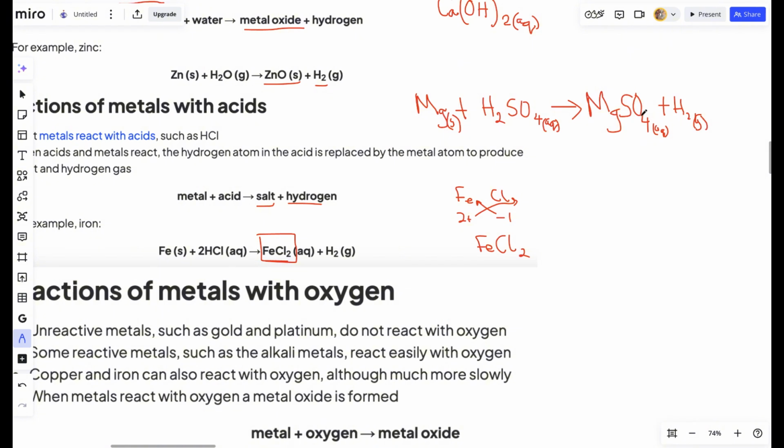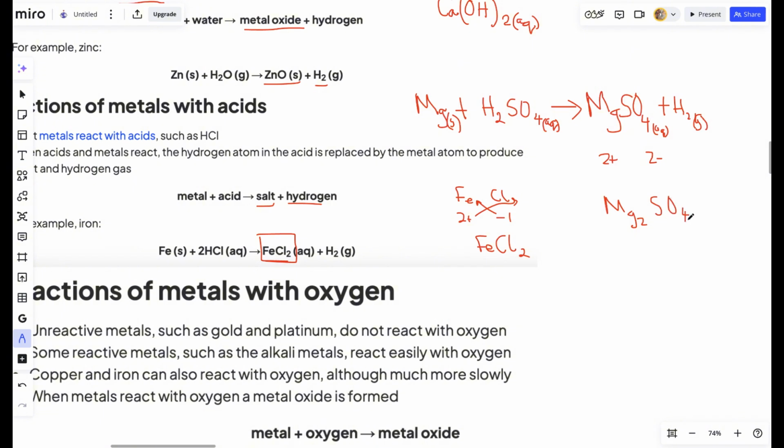Now, how do we do this? Magnesium has 2 plus, but remember sulfate has 2 minus. If you cross multiply, 2 comes here, 2 comes here. We don't write that. We simplify to the smallest unit. It would be Mg2(SO4)2.